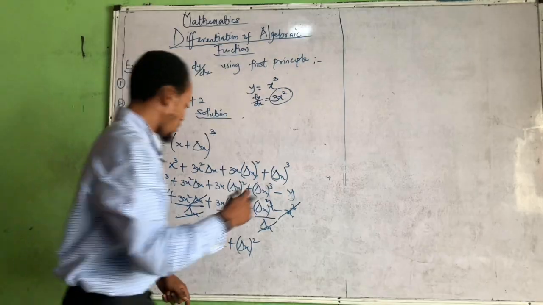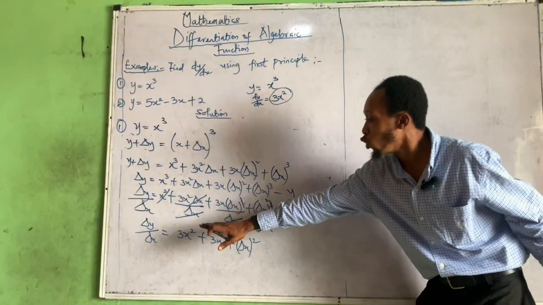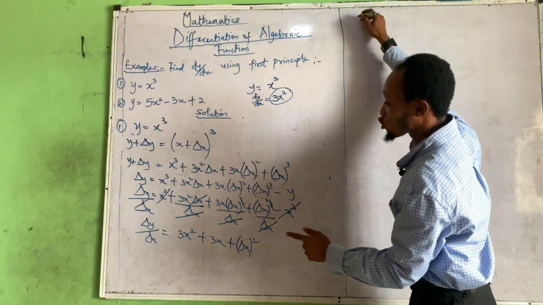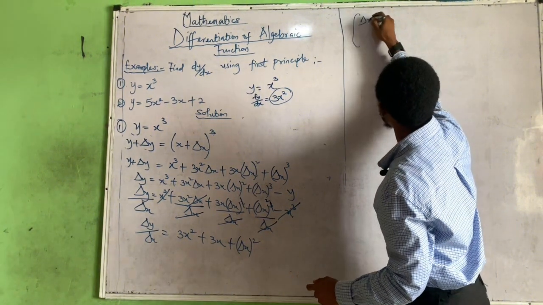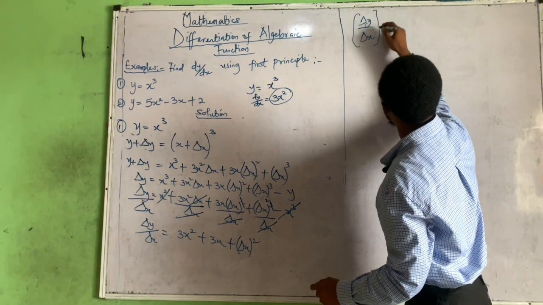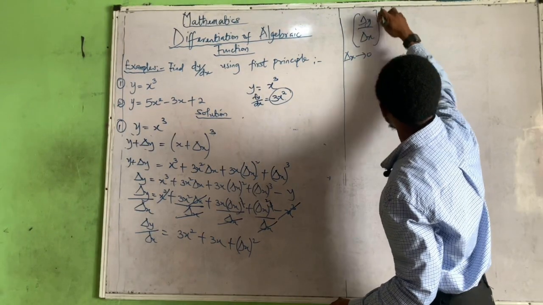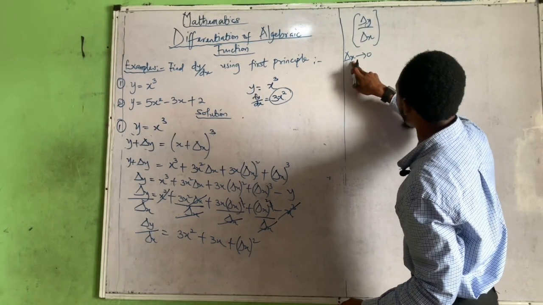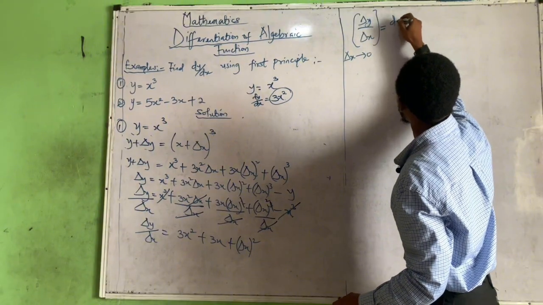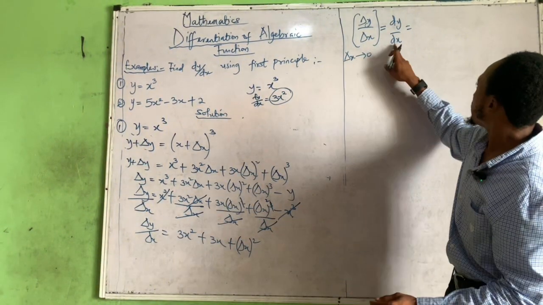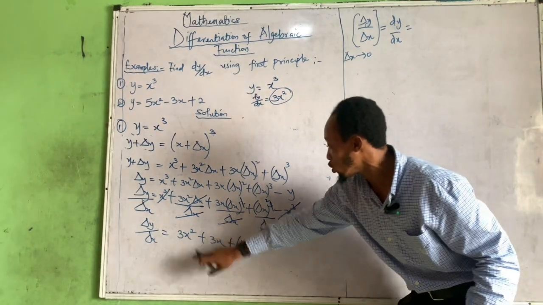Now follow me to this place. The next thing is you take the limit of delta y over delta x as delta x tends to 0. There's a rule in limit that says when delta x tends to 0, delta y over delta x equals dy/dx. And so anywhere we see delta x, we put 0.